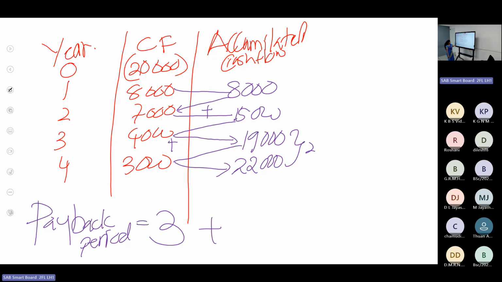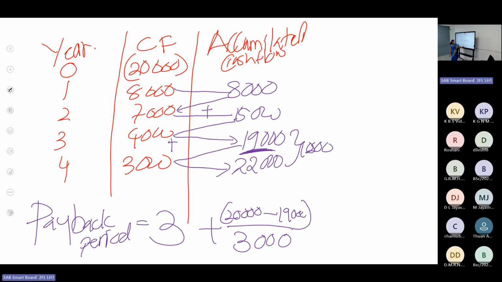But between the third year and the fourth year, we recover up to 22,000. During the fourth year, you are receiving 3,000. How much do we need to recover this investment? Our value is 20,000. We have already recovered 19,000, so our requirement is 1,000. But we are receiving 3,000 for the year.